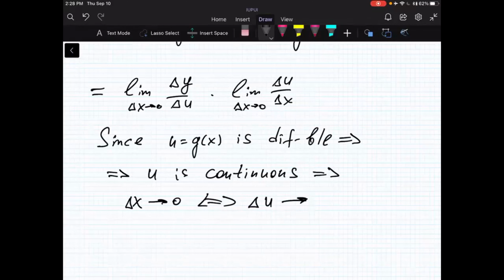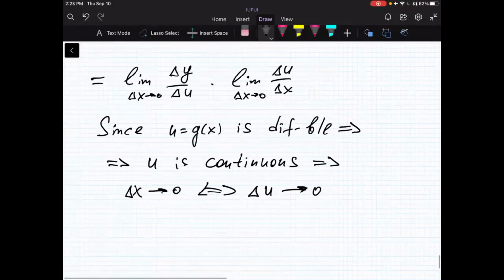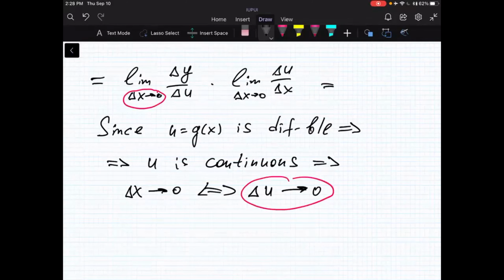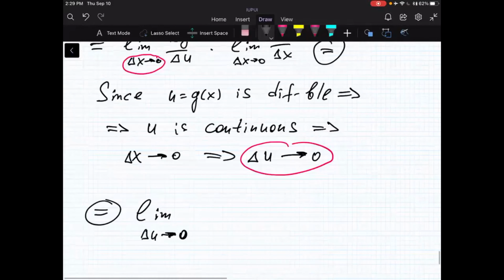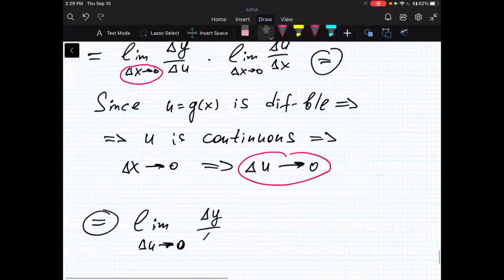And so instead of writing here delta x goes to 0, I can write delta u goes to 0. And that's what I will do. So for the first limit, I will write the limit when delta u goes to 0, it's better to write it like that, of delta y over delta u, times the limit as delta x goes to 0 of delta u over delta x.